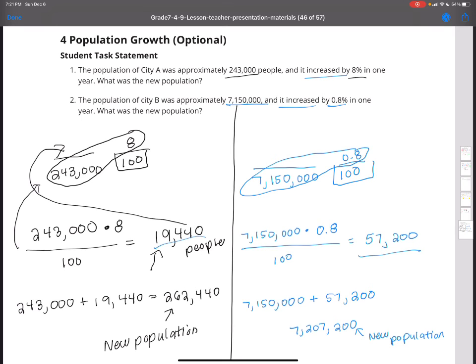So finding the percent of something, or the portion of something, is really determined by the amount, the total amount of the initial thing, the whole, okay? Because I don't want you guys to think that, oh, it's 8%, they're going to have a bigger number than this, or is it going to equal the same amount? Okay? If it's a different whole number, then it's a different portion of a percent.